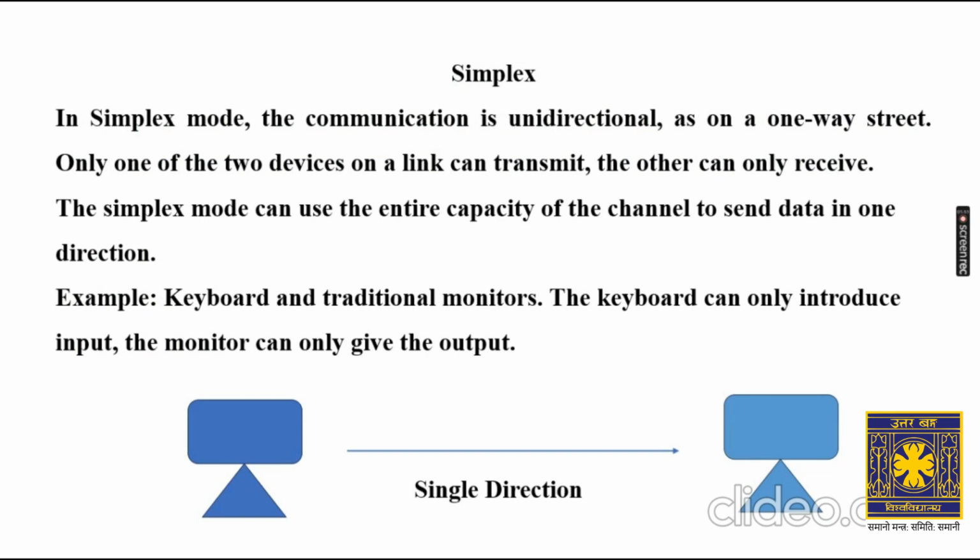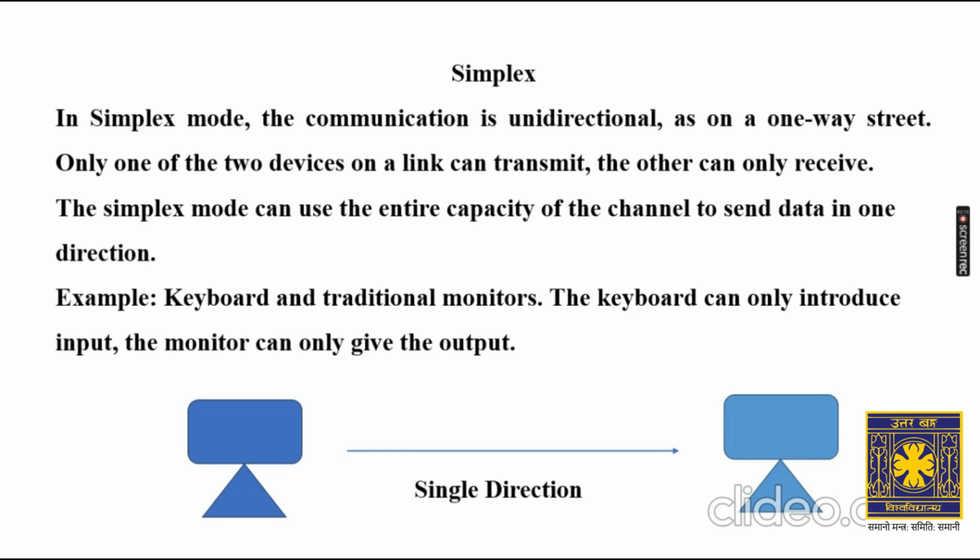So in a simplex type of communication, only one of the two devices, or one of the two computers on a link, can transmit, and the other computer in the link receives the data or information. So the simplex mode can use the entire capacity of the channel to send data in one direction.